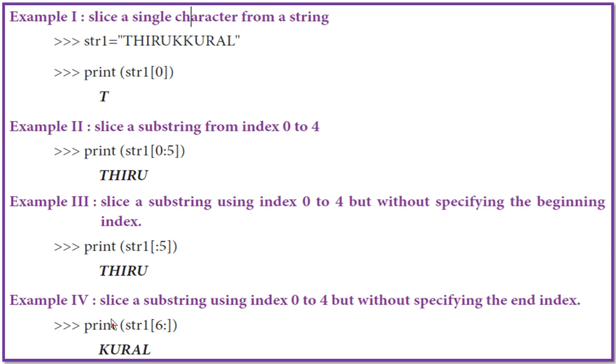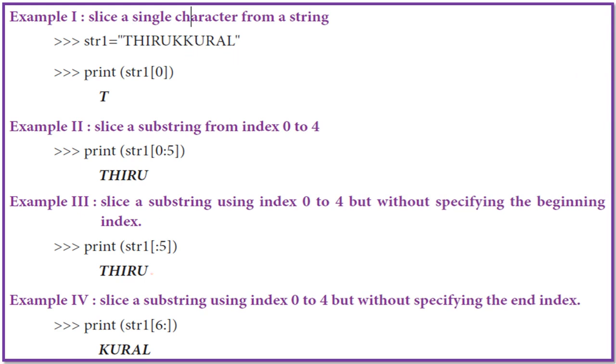In the final example, slice a substring without specifying the end index. Here the index value is from 6 to 11. 0, 1, 2, 3, 4, 5, 6, 6 is K, 7, 8, 9, 10.